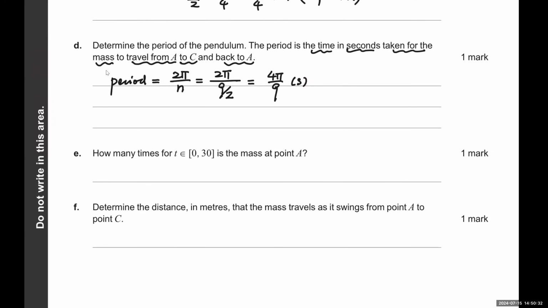Okay. How many times for t belongs to 0 to 30 is the mass at point A? Well, at the point A, we need to make sure the h value equals 5 over 4, when theta equals pi over 3, etc. So I suppose you could deal with the composite function.